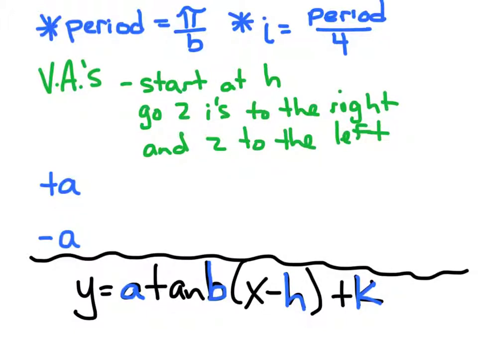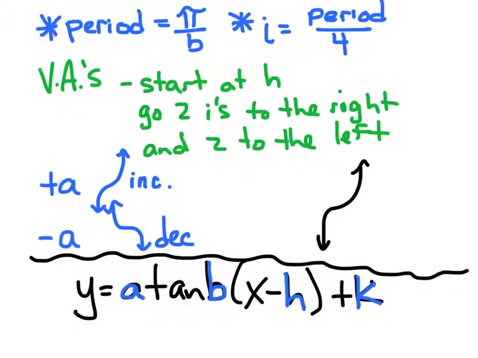There you'll have vertical asymptotes. If you have a positive a, then the graph will increase. If it's a negative a, it'll decrease. Finally, those points that we plot on these things, like the three, we call those critical points.